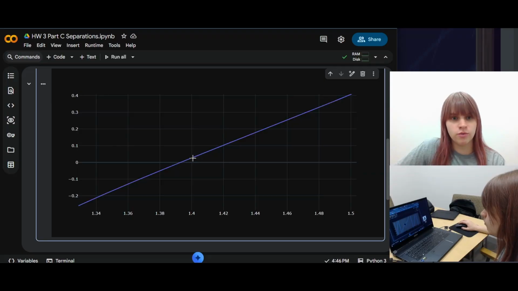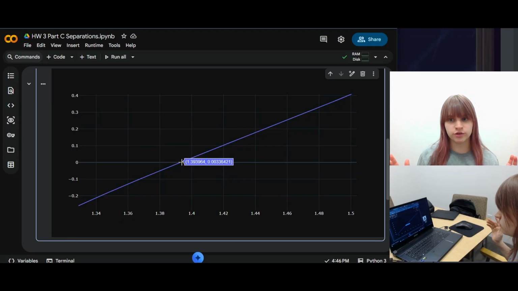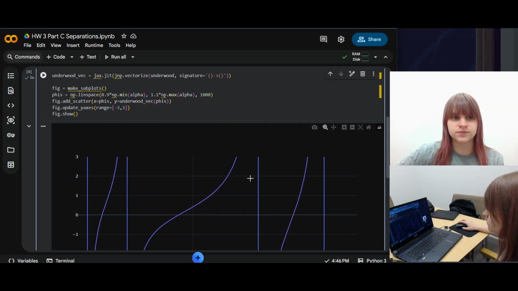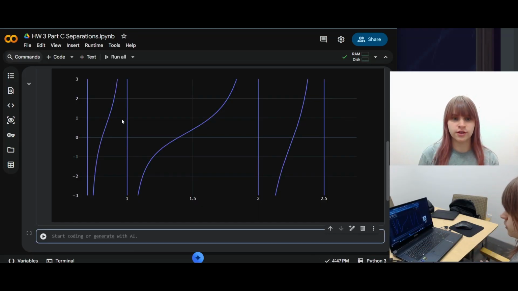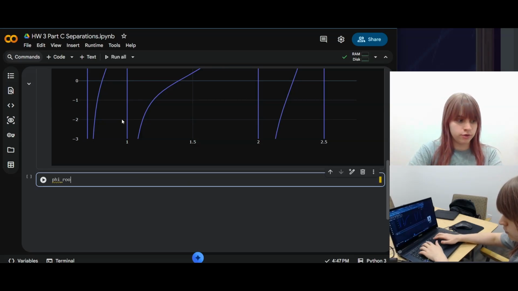And we want to know where this line crosses the x-axis. So we know that once I type out our phi root equation, if it's not about 1.39, then we have a problem. So I'm going to go ahead, shift enter there, and now we can solve for that phi root.